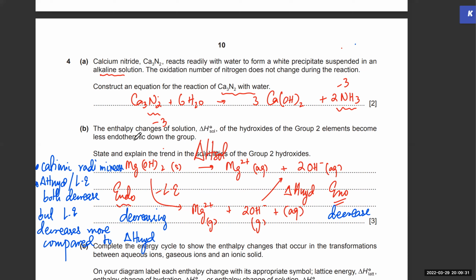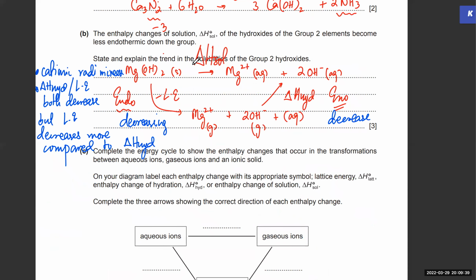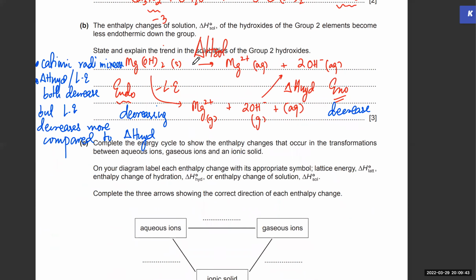Because overall it's becoming less endothermic, they've already told us that. So remember this one. It's a very typical question that always comes. Make sure you remember how to answer this one. Is this clear?